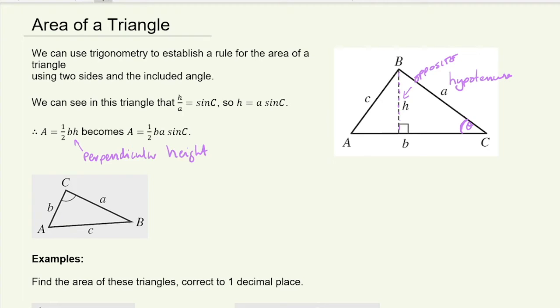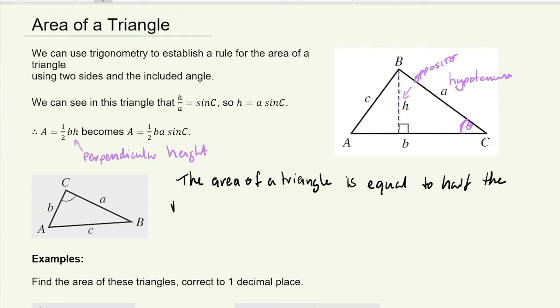So the only note that we're going to write is the area of a triangle is equal to half the product of two sides.